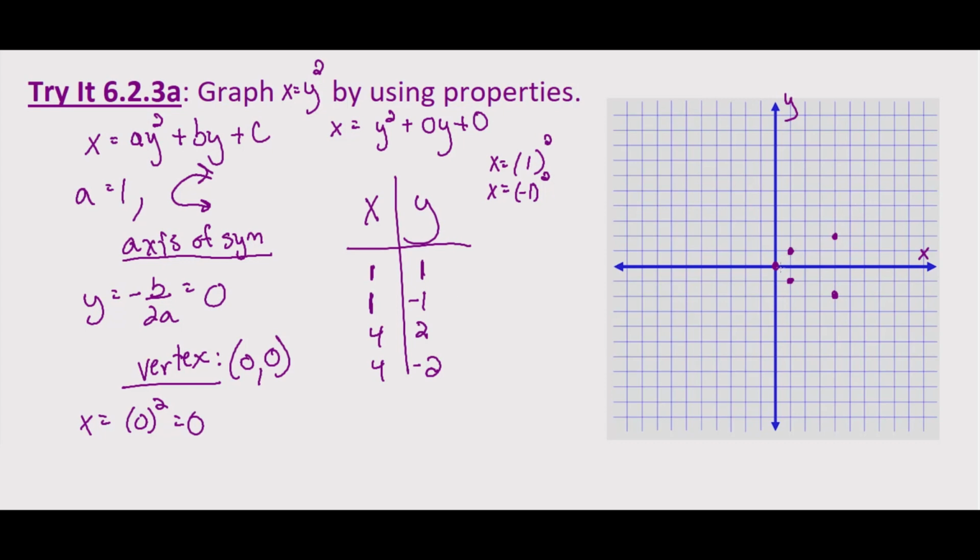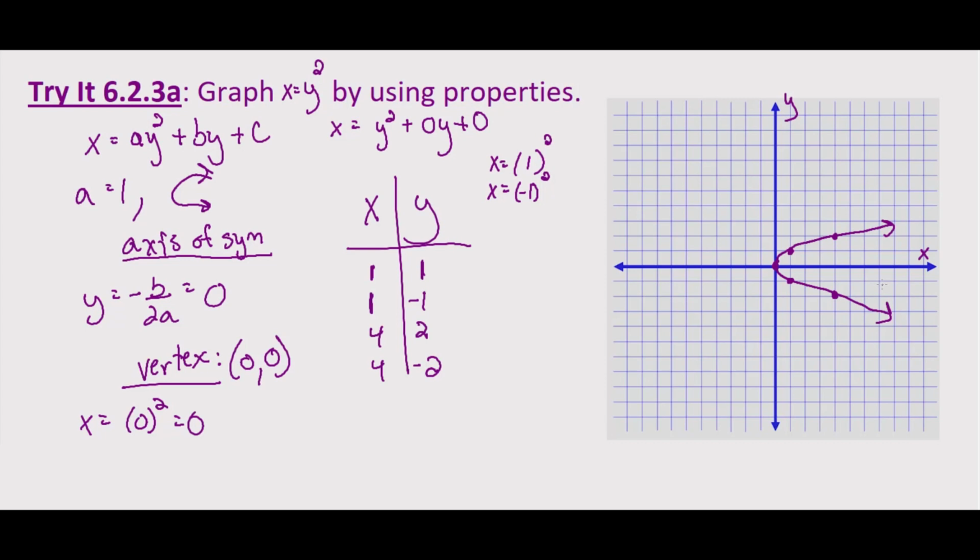So then we connect these dots to form our parabola.